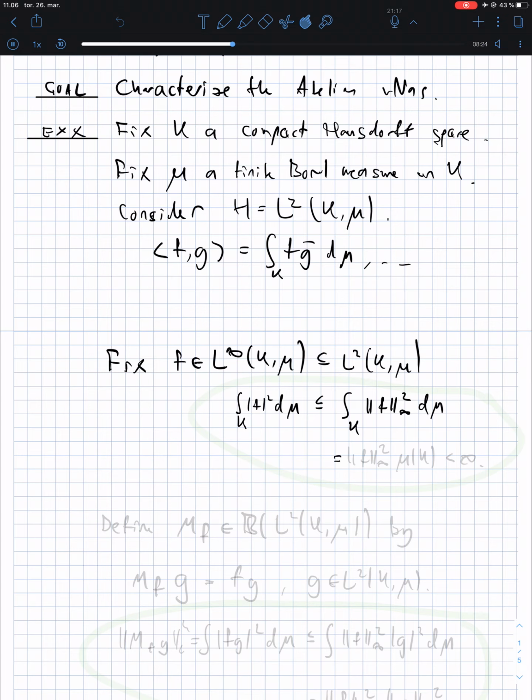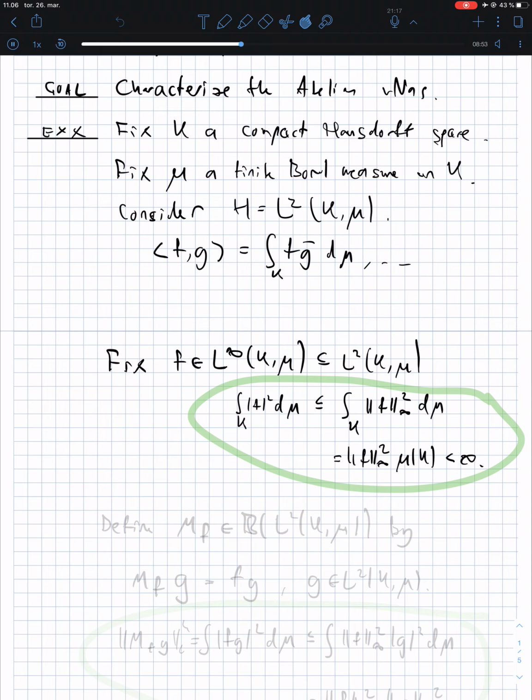And then, since my assumption was that mu was a finite Borel measure, this is going to be the squared L infinity norm of f times mu of K, which is finite. Right? So this is just an aside, but it tells me that whenever I have an L infinity function, it's also an L2 function.